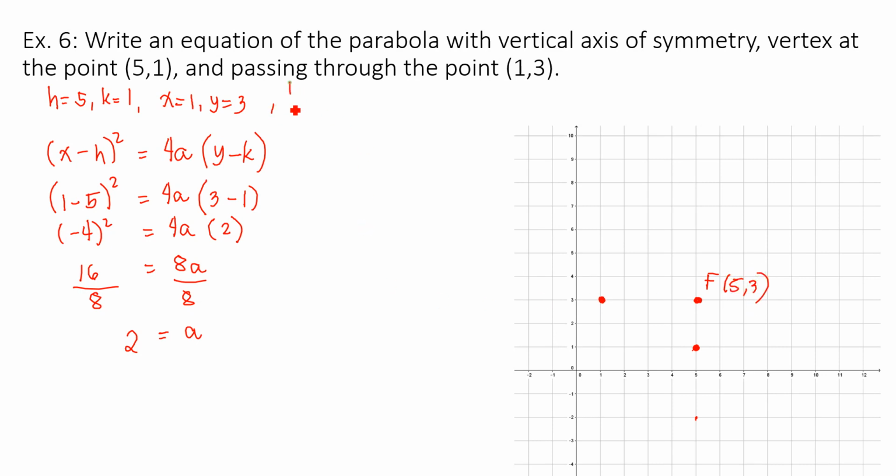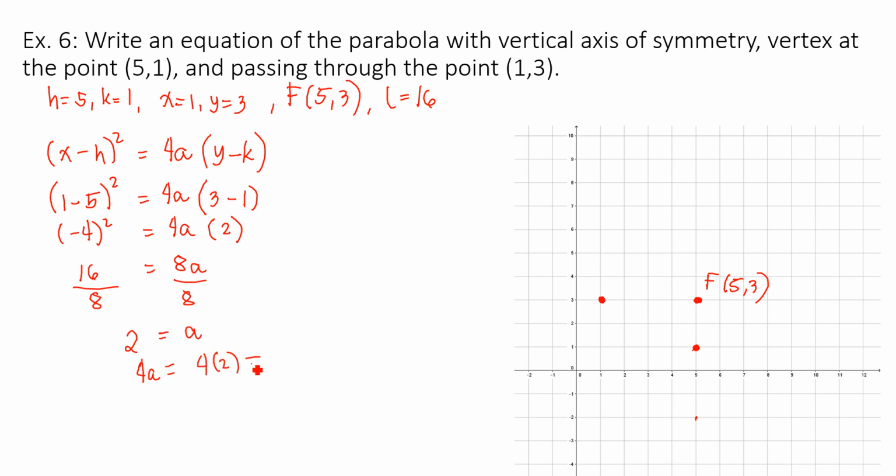The length of the latus rectum is 16. Half of 16 is 8. Wrong. If a is equal to 2, then 4a is equal to 4 times 2, which is equal to 8.